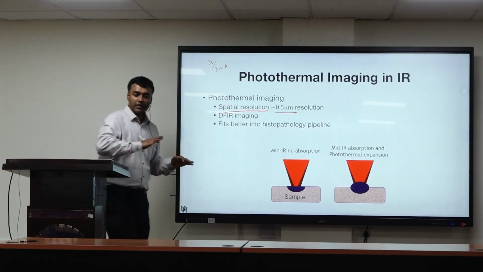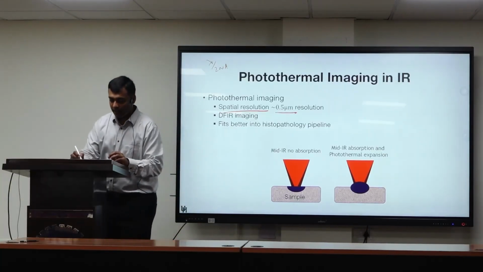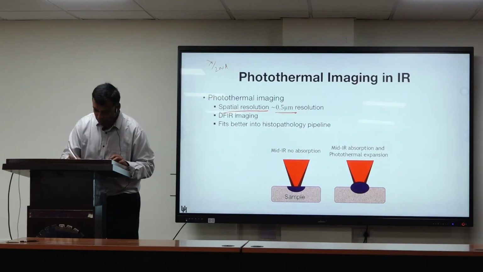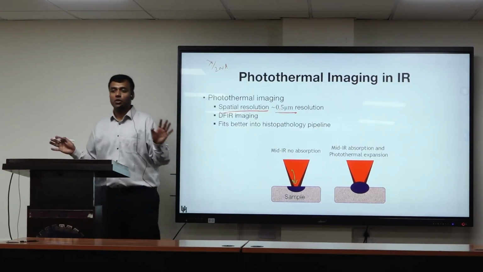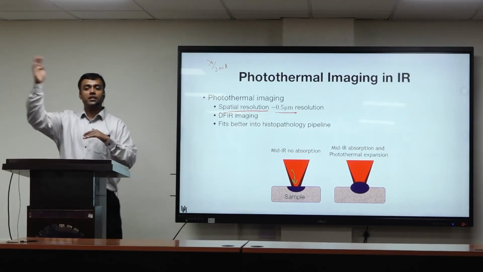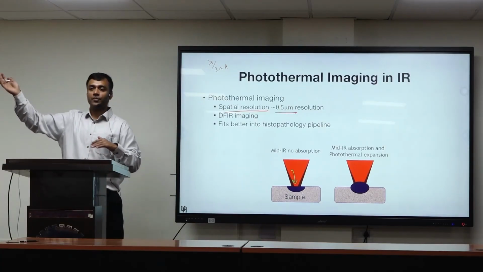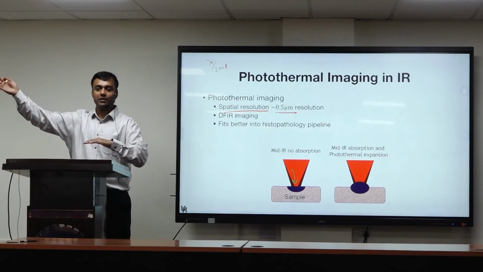Imagine if the light is not absorbed at all, then there is no change in the signal. Visible light falls on this particular location. Let's say it doesn't get absorbed, then there is no change whether the infrared is incident or not.